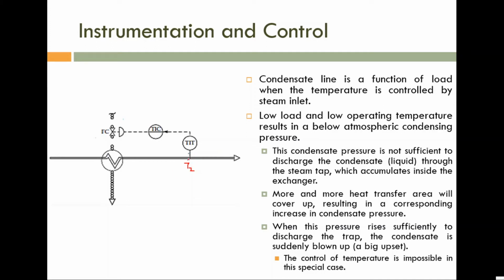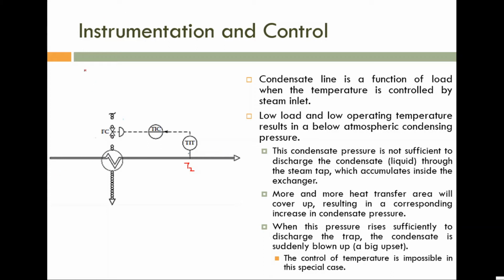For this purpose, this T2 is measured. The outlet temperature of the process medium is measured. This is the location of temperature measurement. And in order to maintain this temperature at T2, what are we manipulating? The manipulated variable is important. So please note, what is the process equation?